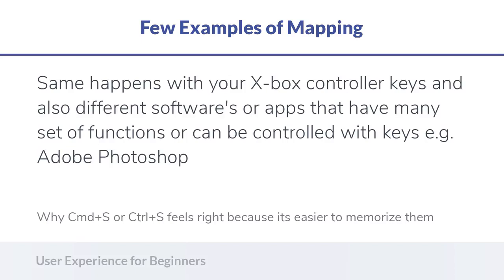It is common in all different operating systems and all different software, so users can easily memorize them, and they are natural. S is for save, so it is easier to remember. It is our natural mapping that if I press Control S or Command S, it is going to save the document.